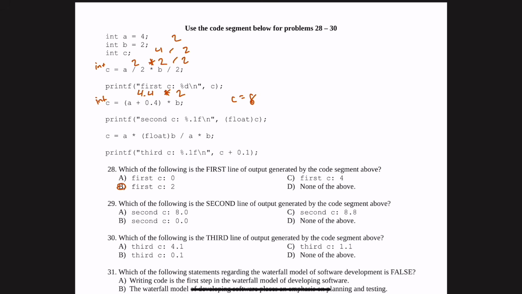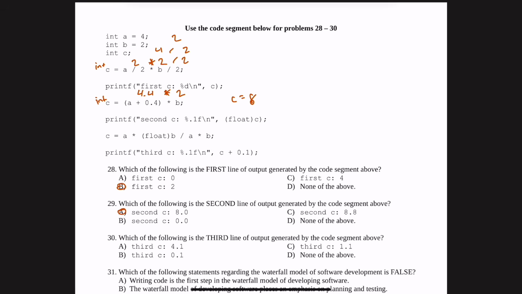But then here we cast explicitly c to a float. So do we keep the 0.8? Well, the 0.8 was already thrown away up here, right? There was nowhere to put the 0.8. We had to throw it away to make the right-hand side match the left-hand side, or make the double on the right-hand side match the integer on the left-hand side. So that 0.8's been totally forgotten about. So in this case, we just print out 8.0, right? There's nowhere that 0.8 was held onto.